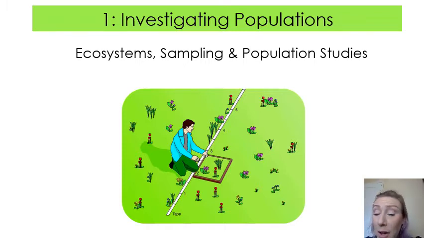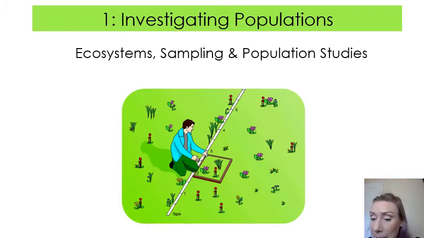And also quadrats that are placed along a belt transect or an interrupted belt transect. Okay, now they are methods that we use to investigate population sizes and also the distribution of species within an ecosystem if they are not mobile. Okay, so usually plants or barnacles or snails.